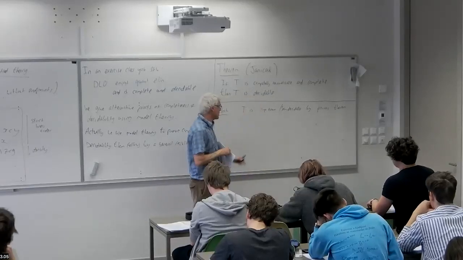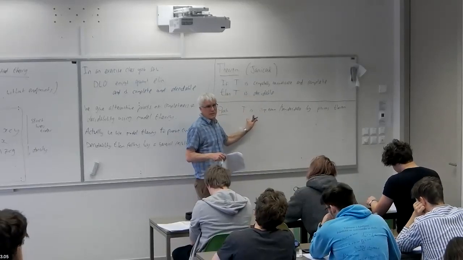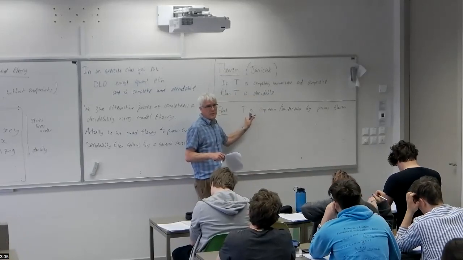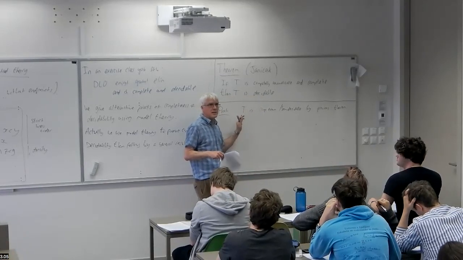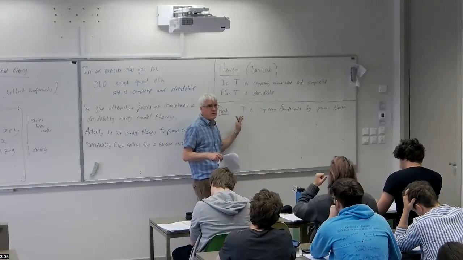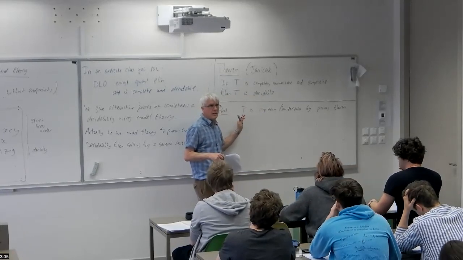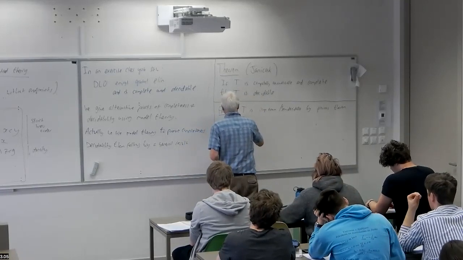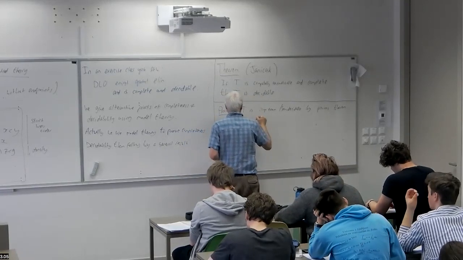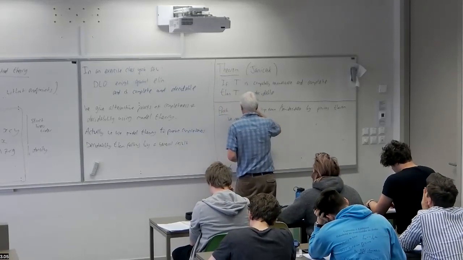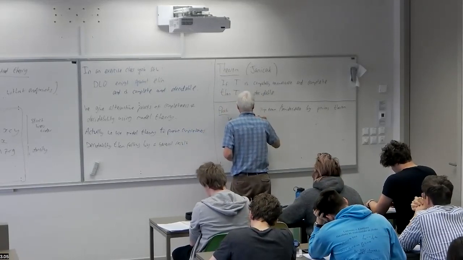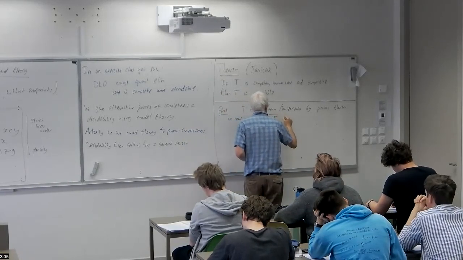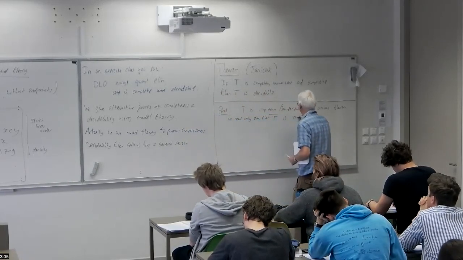So we just need to show, by the proposition we had earlier on, that a set is decidable if and only if it and its complement are computably enumerable. We need that the complement of T is computable. So we need only show that the complement of T is computable.